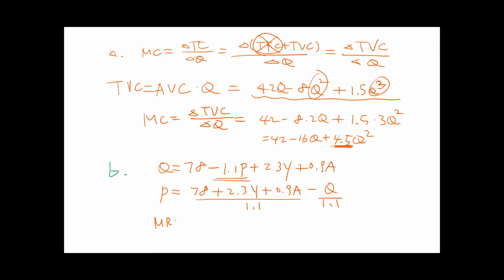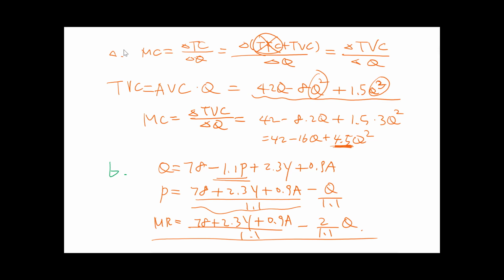So the marginal revenue curve has the same vertical intercept as the demand function, 78 plus 2.3Y plus 0.9A divided by 1.1, but it is twice as steep as the demand function, so you multiply 2 to the slope of the inverse demand function. So this is the marginal revenue curve, right?